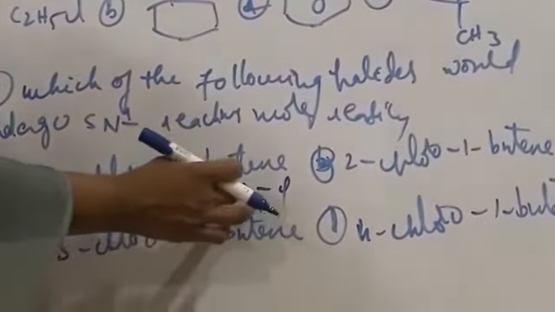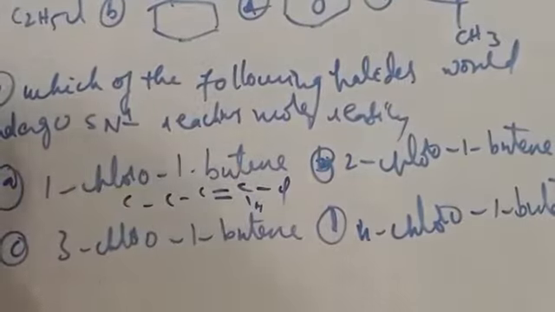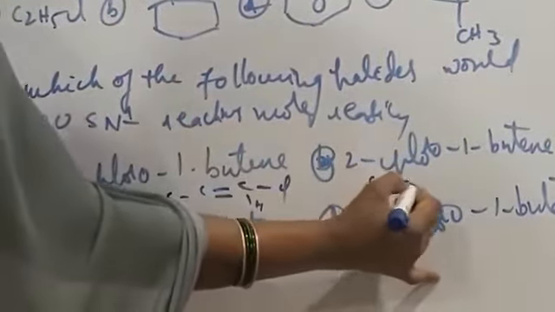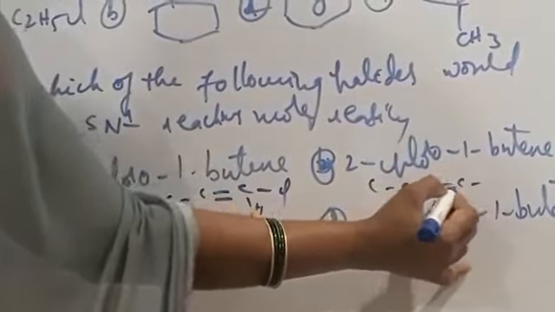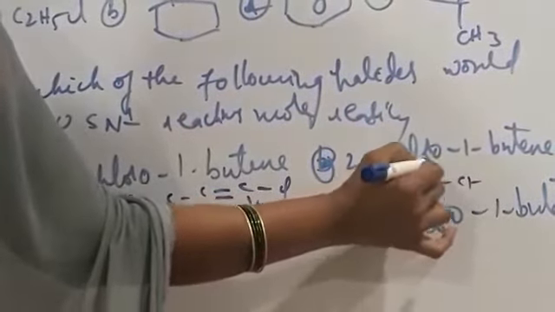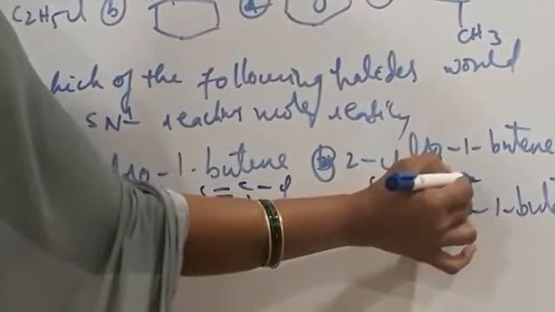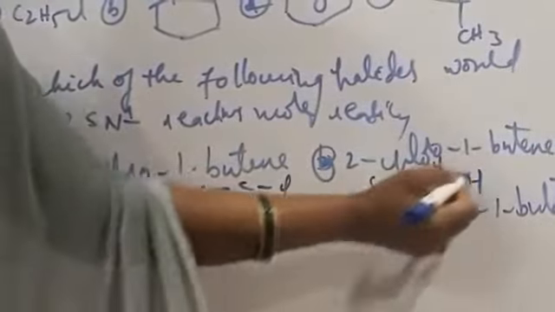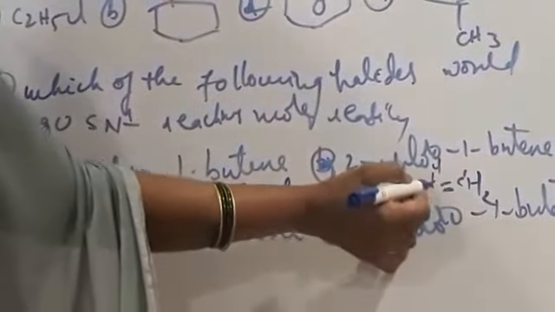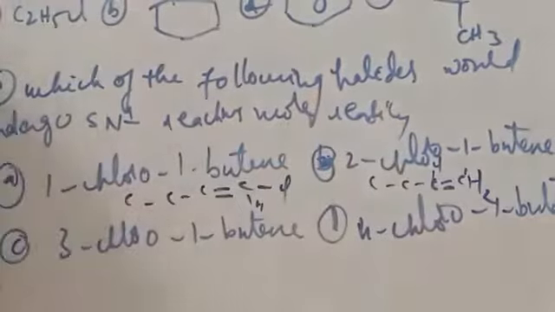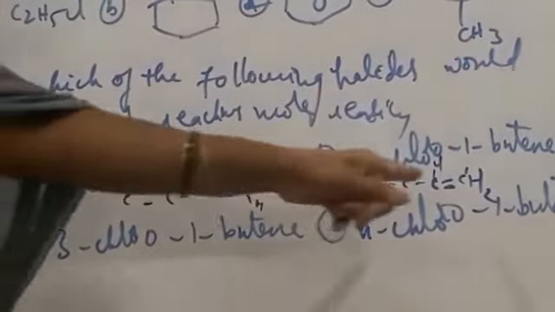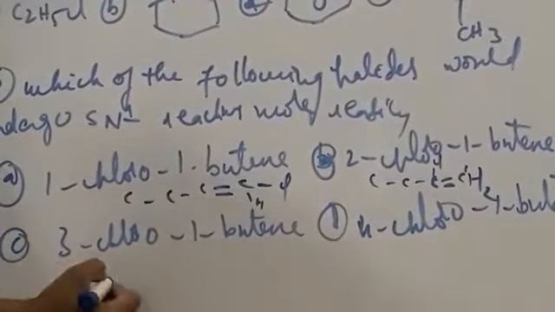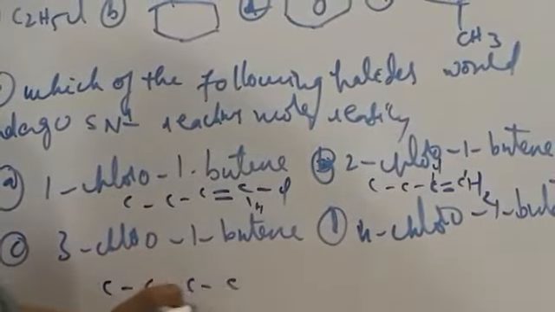And here this is primary carbon. Okay. Then 2-chloro-1-butene. So unsaturation is at the first carbon and the halogen atom is linked to the second carbon, which is sp2 hybridized carbon. Okay. Next, 3-chloro-1-butene.